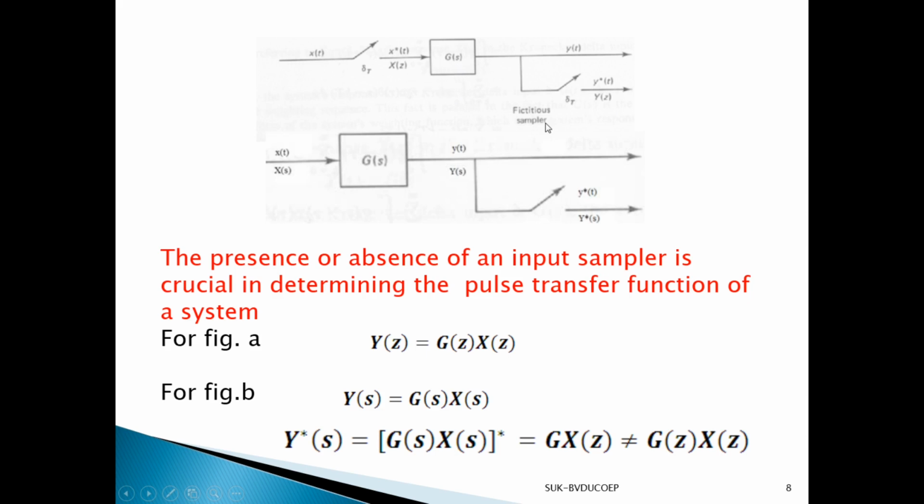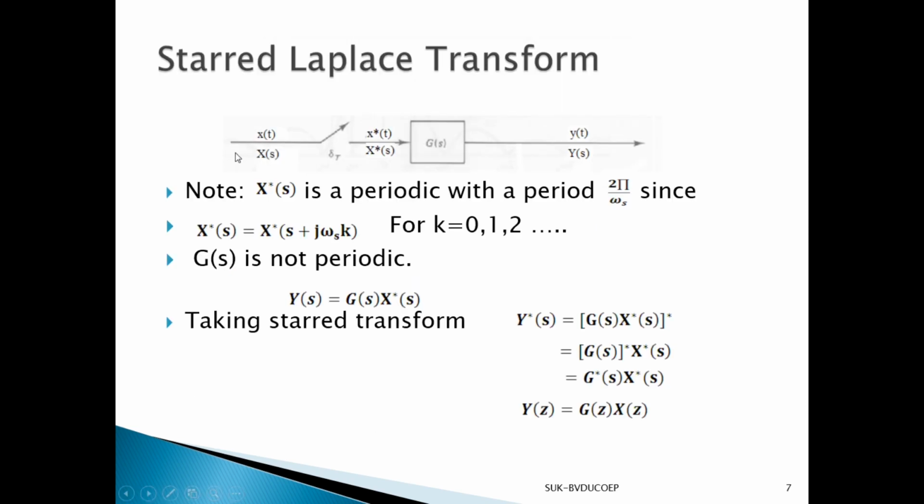But in this case, there is no sampler, the input signal is not sampled and only the output signal we are getting. So here if I do Y(z) upon X(z), it will be Y(z) equal to G(z) X(z), as earlier said, because we have done a star Laplace transform in this case. Y(z) equal to G(z) into X(z).